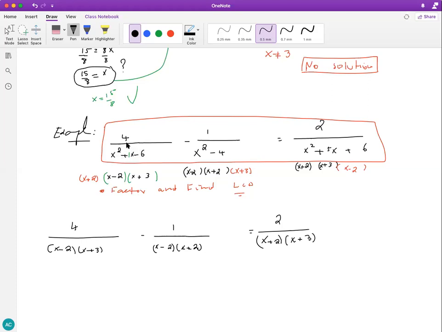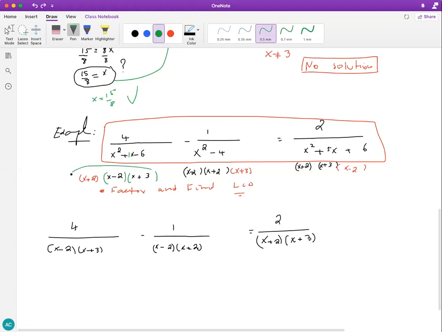It should be exactly the same, x minus 2, x plus 3. This is before the LCD, just basically writing this with the denominators factored. So that's our equation. We haven't done anything yet other than factoring. Then you find the LCD, which we did. So that's our LCD, all these three.